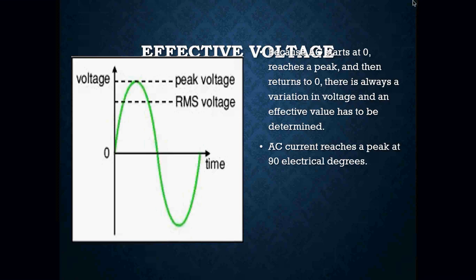Okay, because AC starts at 0, reaches a peak and then returns to 0, there is always a variation in that voltage, and an effective value has to be determined. AC current reaches a peak at about 90 electrical degrees.